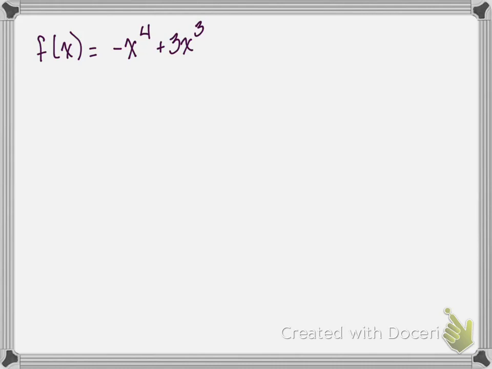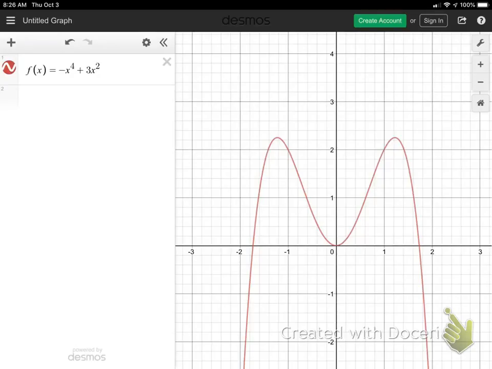Same direction or opposite directions? Same. That means each end is either going up, they're both up, or they're both down. Which one? They're both down because of the negative.